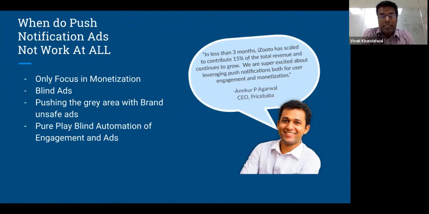This essentially means that these publishers are not pushing any content to the end user, but they're only pushing ads. Now, this obviously backfires because when the user is subscribing for notifications, they expect you to engage with them with your content, and not necessarily ads.